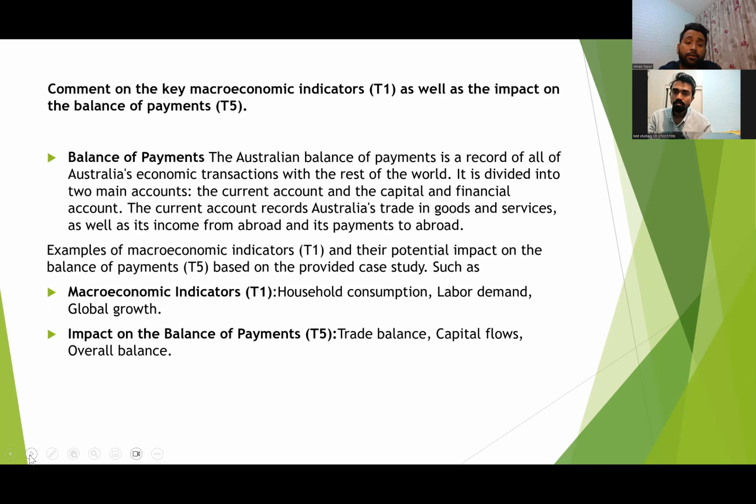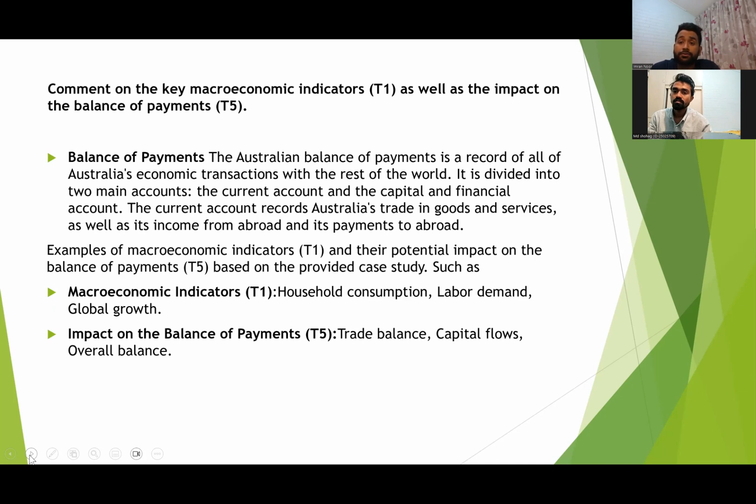And then here the common key macroeconomic indicators, as well as the impact on the balance of payment. The Australian balance of payment is a record of all Australia's economic transactions with the rest of the world. It is divided into two main accounts: the current account and the capital and financial account.